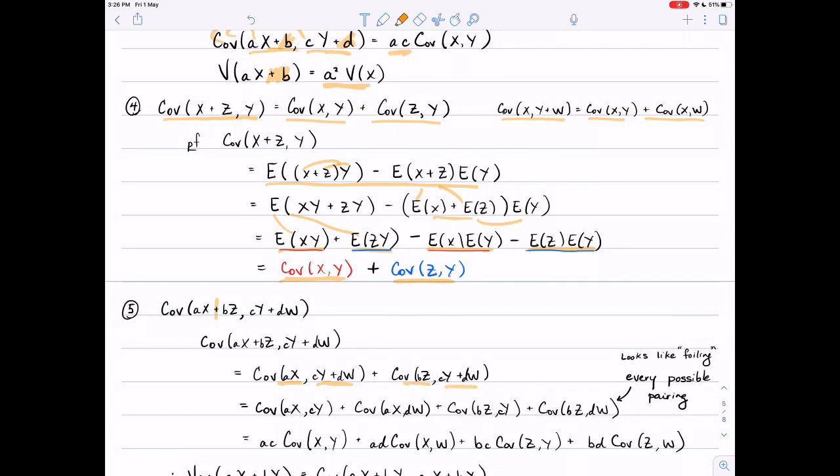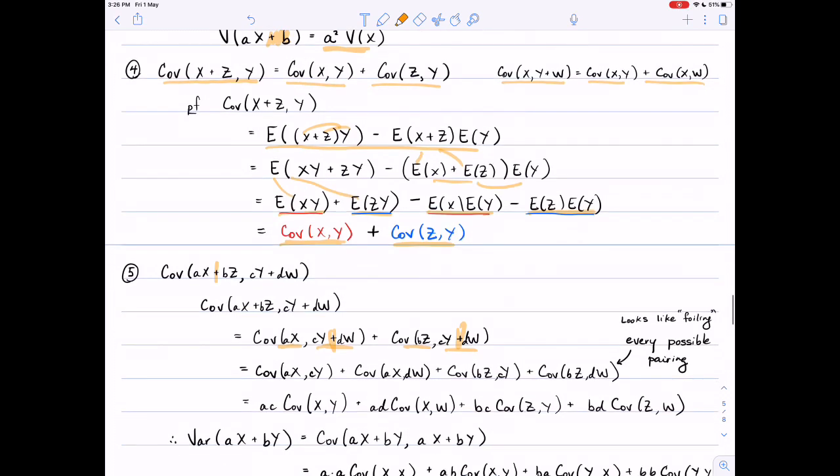Now if we split it up using the analogous result over here, then we get these pieces broken into two, and it looks like here as well the constants all come out. The constants all come out, and you end up with this as your final result, which is super easy to remember because it is every single possible pairing, and it looks like foiling.